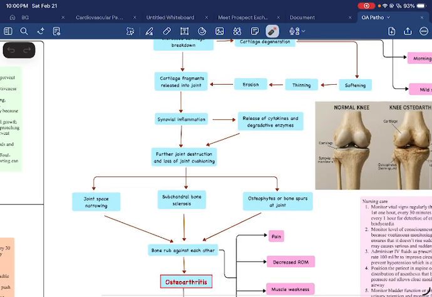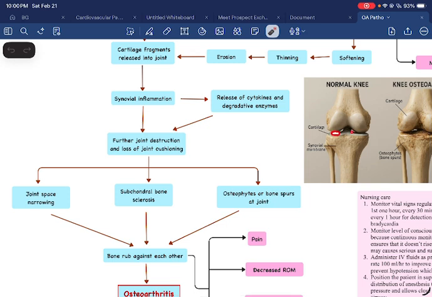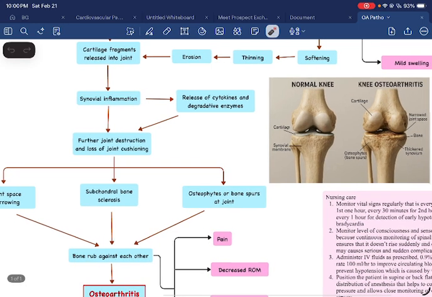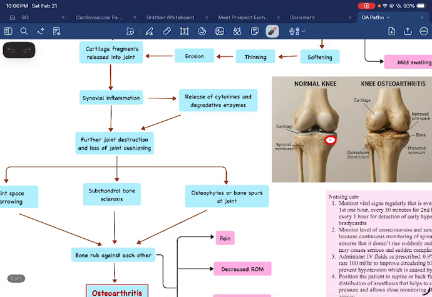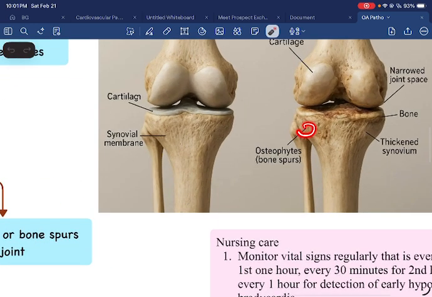There is no cartilage here, so the space between these two bones will reduce. The subchondral bone will become very hard, and osteophytes, or bone spurs, will start to appear here, since our body tries to replace the fragmented bones.